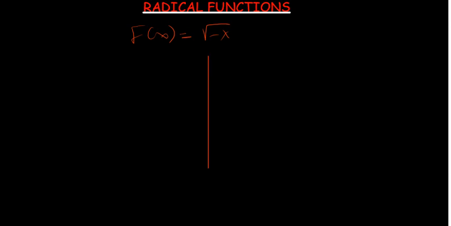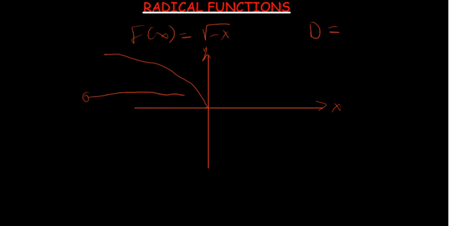And so sketching this graph, so we are going to have x there, then we've got y. So this graph is going to start from this point and then move like that if we have got a negative inside the root. And so for this one, the domain, the set of x values permitted, is from here up to 0. So those are the x values permitted.